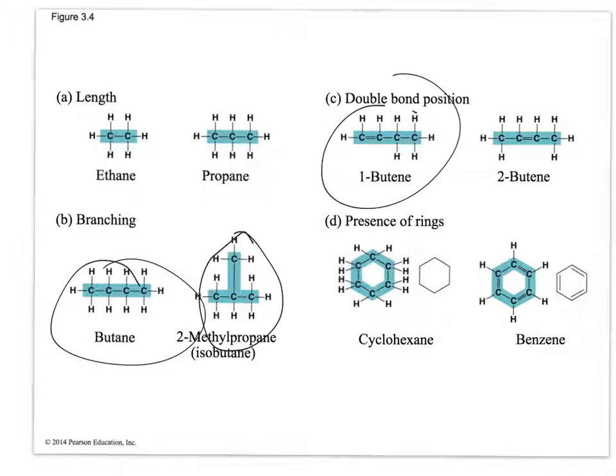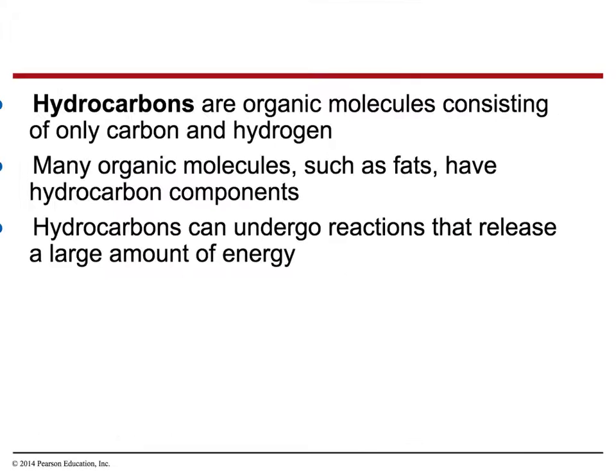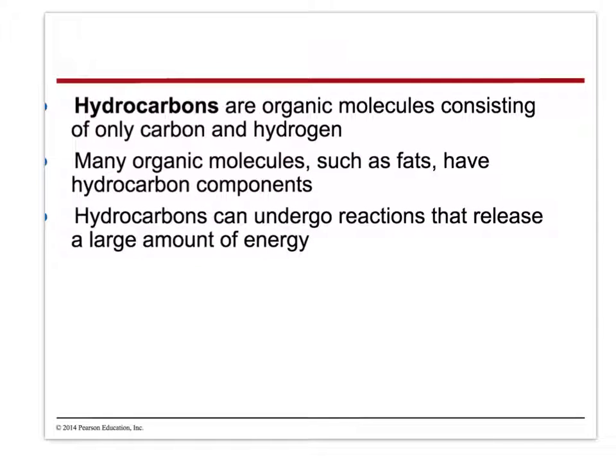But we can change these and utilize them for things. Really what we're going to be talking about is hydrocarbons. So C6H12O6 contains hydrogen, yes. Contains oxygen, yes. Contains carbon, yes. That is a hydrocarbon.